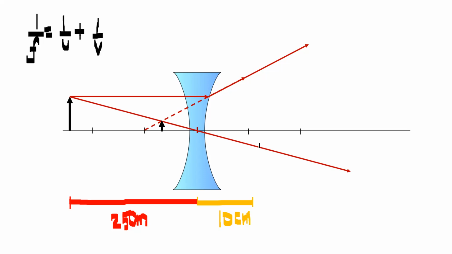U is the object distance, from here to here. Your work is to find the image distance, the V. Find out for me what's the V. This is the U. How quickly can you get it? Oh, very slow.